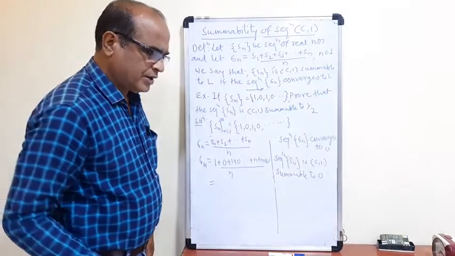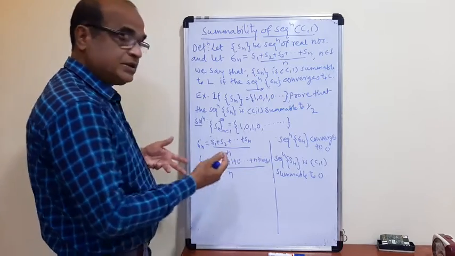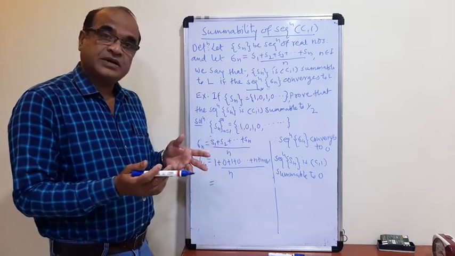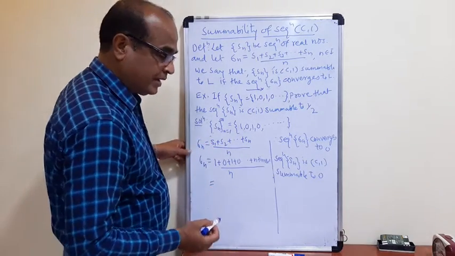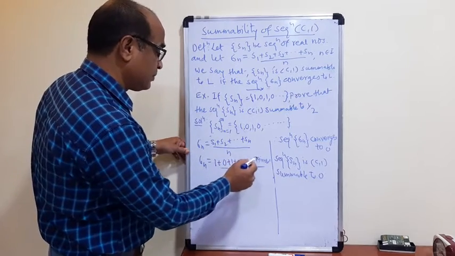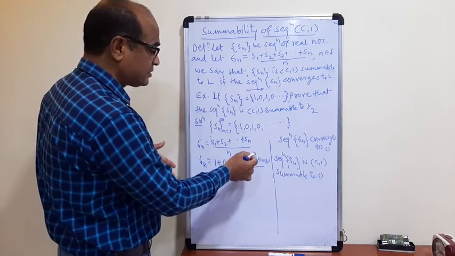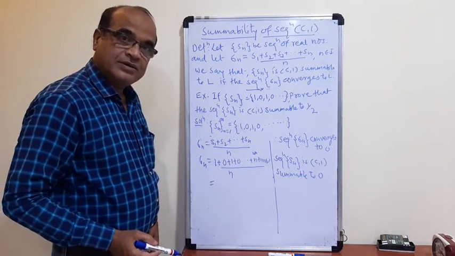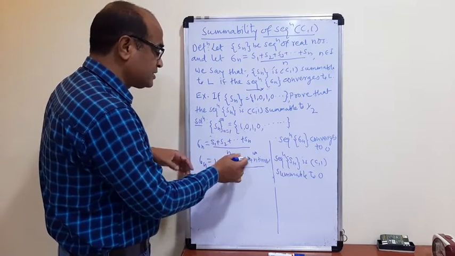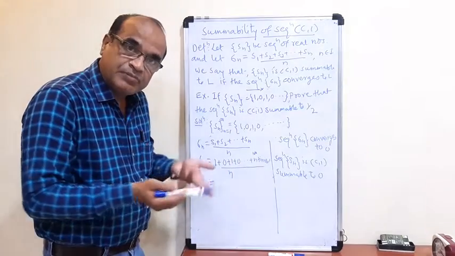If n is even, for example n is 100, then we have 1 plus 0, 1 plus 0, and so on. How many ones are there? 100 divided by 2 is 50.